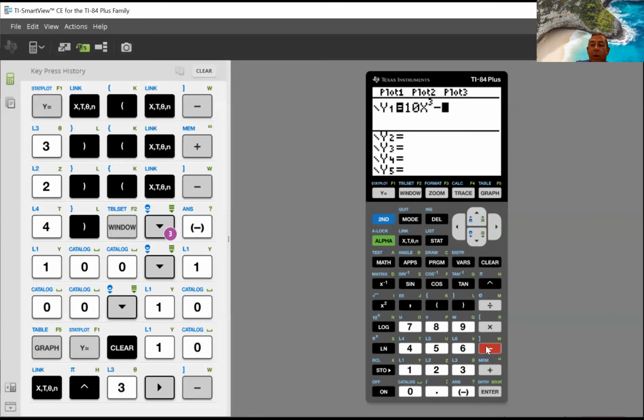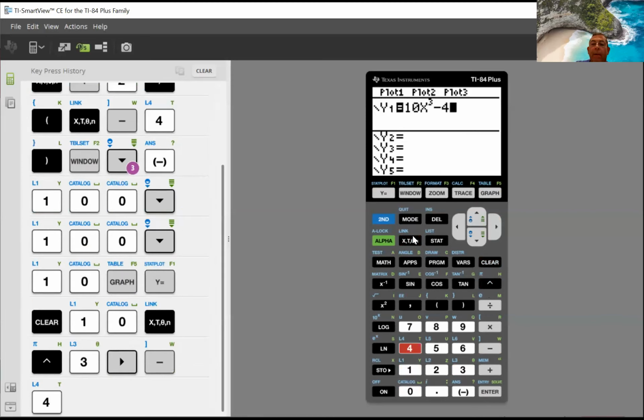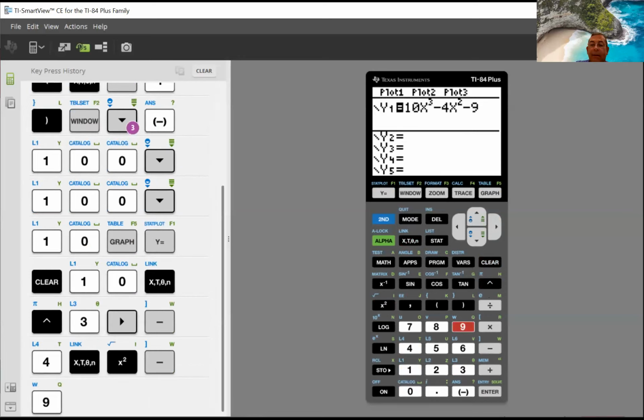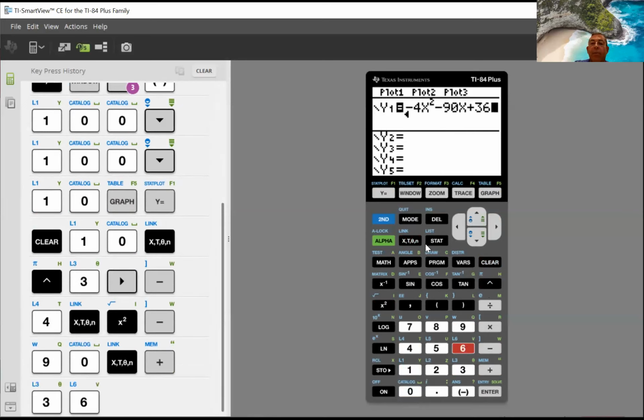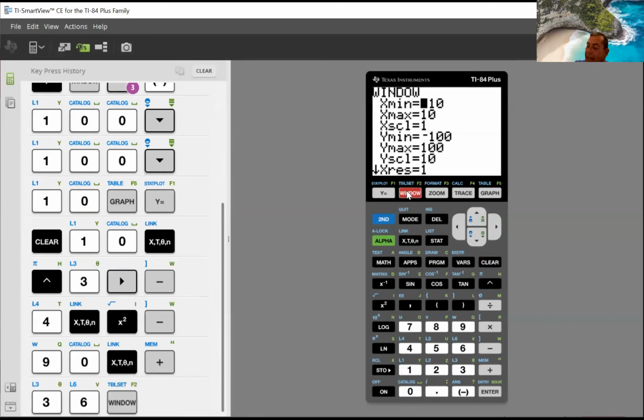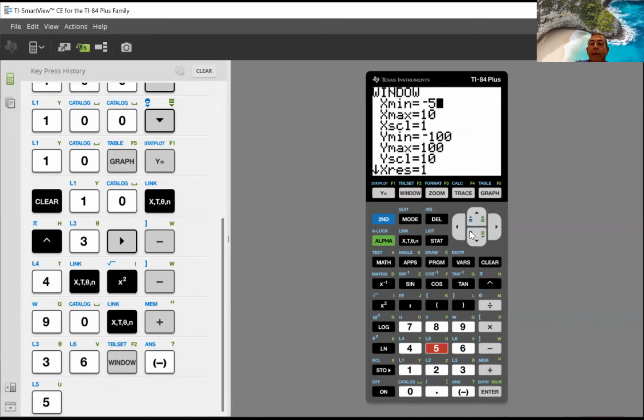Minus 4x squared. Minus 90x. Plus 36. So I'm going to set my window. Remember, my x's went from -5 to a +5.